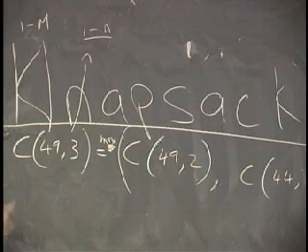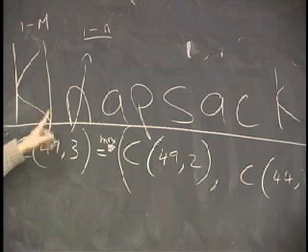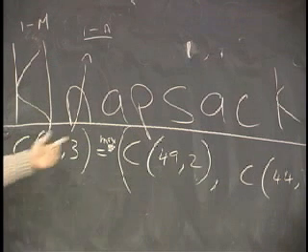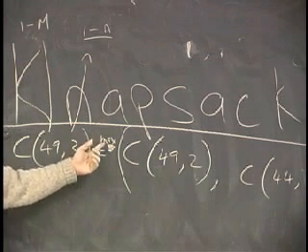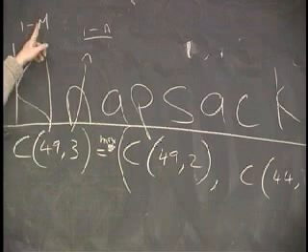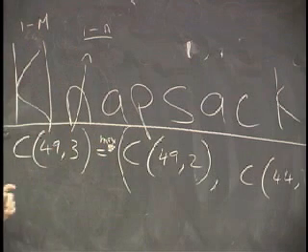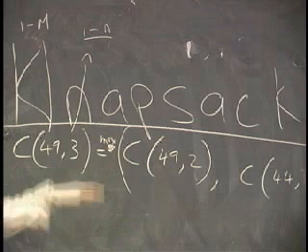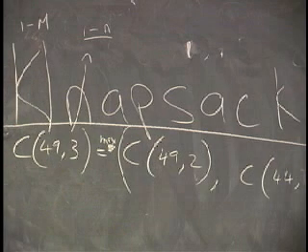So if the size of your knapsack is 49, call that M, then this number ranges up to capital M. And if the number of objects you have is little n, then this algorithm can be done. This is only a maximum calculation, so every step is constant time. It can be done in capital M times small n. Starting at the bottom. If you start with the base cases and work your way up to 49, 3.